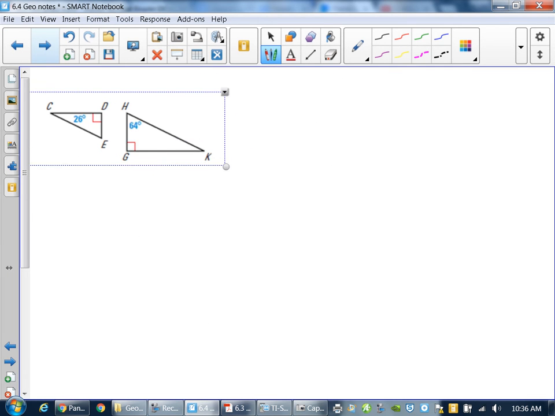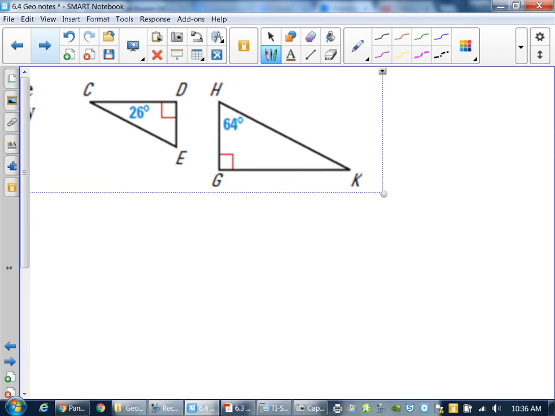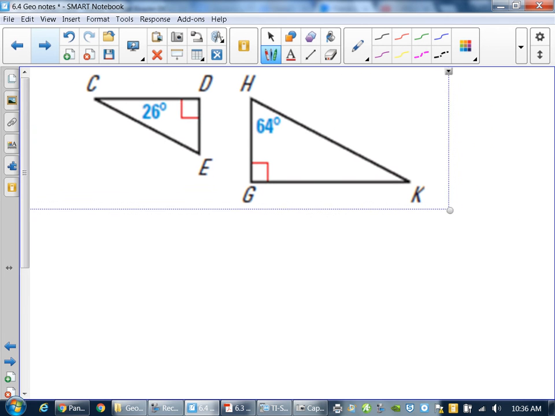I have these two triangles. Is there going to be enough information here to show that things are going to be similar? Now, bear in mind, at some point in this example, what we need to do is figure out what angles themselves could be congruent to each other.